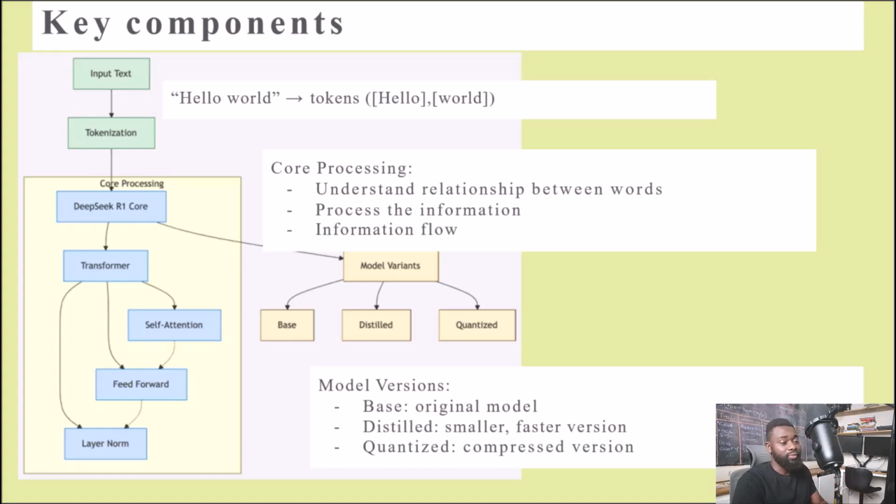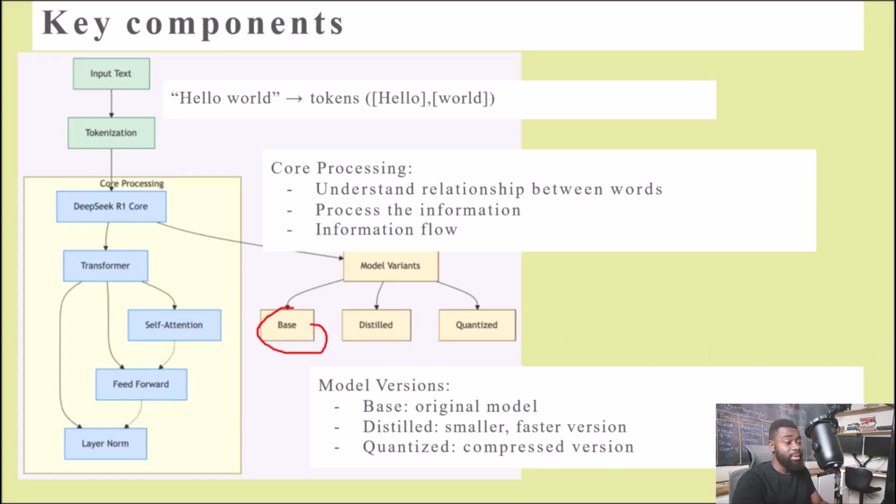And then on the model variants side of things, we have what we call the base model, and this is the original model. We also have the distilled models, which are smaller and faster when we run them, because we can run them locally when we don't have as much GPU or computational power.